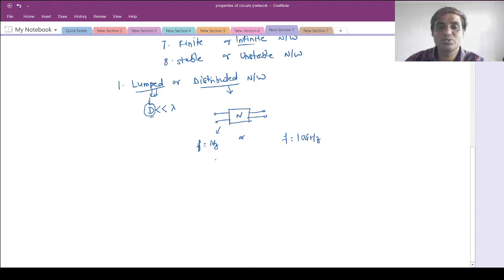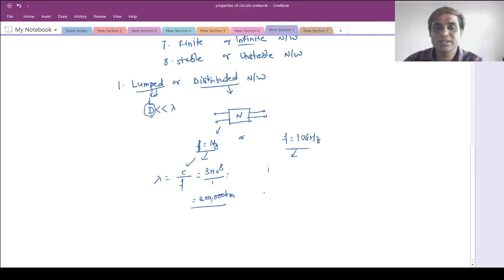These are the two conditions, and now I would like to find the wavelength for the first and second case. We know the wavelength is the ratio of the speed of light over the frequency of interest. The speed of light is 3 into 10 raised to 8 meters per second, and the frequency is in hertz, so the wavelength is almost 300 kilometers.